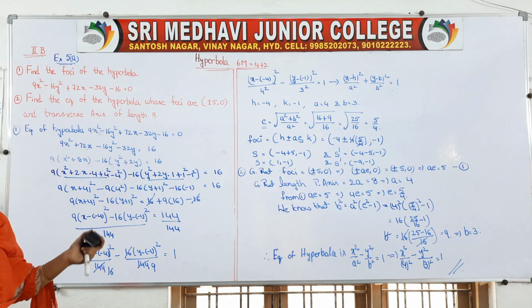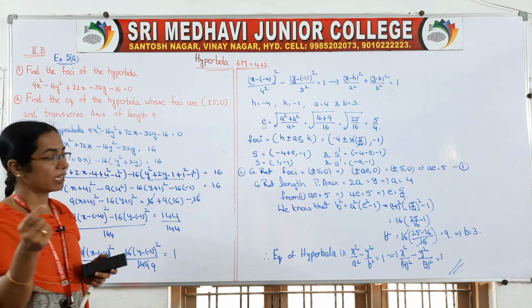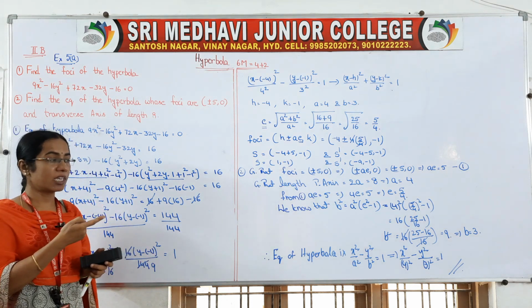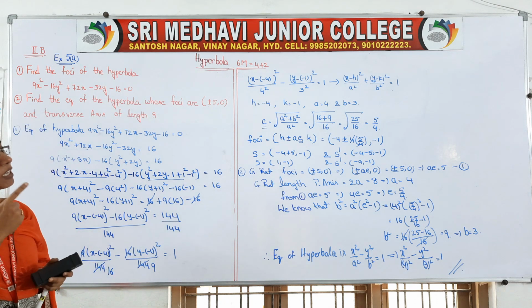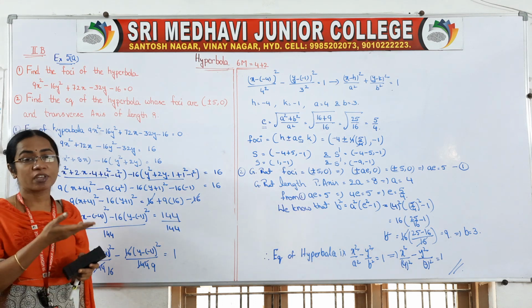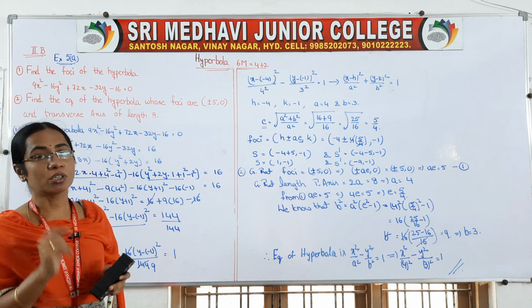Okay. So practice the problems perfectly. Small changes will be there in the equations and the formulas. Be careful. The equation of the ellipse is x square by A square plus y square by B square is equal to 1. Plus is there. In the hyperbola, we have x square by A square minus y square by B square is equal to 1.